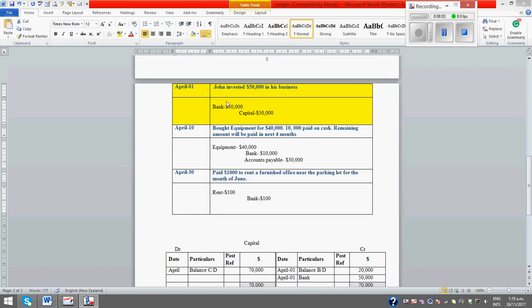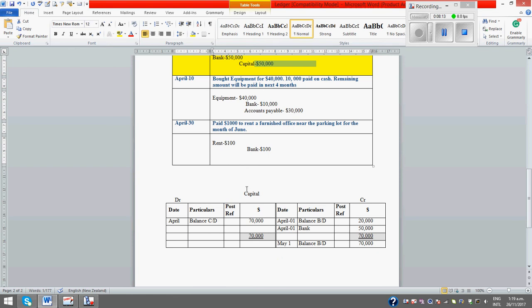That means you just need to look at this journal entry. You don't have to look at the others. Over here we can see capital $50,000 as credit. So we need to write the amount 50,000 on the credit side. The opposite entry of capital is bank, so you write bank, $50,000. It means the capital account has been increased by $50,000 as the owner invests.